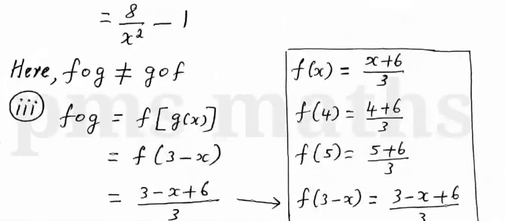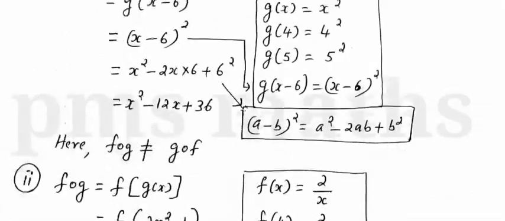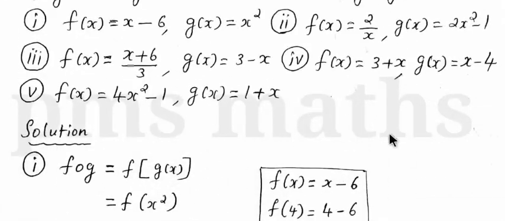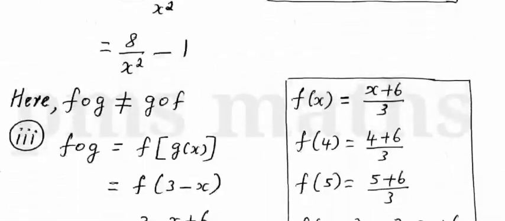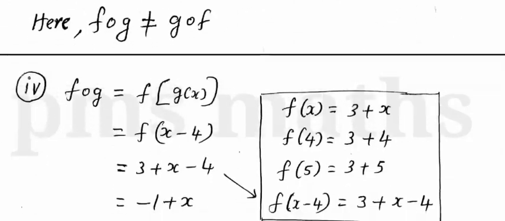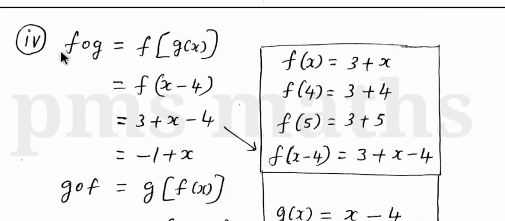Then the fourth one. Here also we have to find f of g first, then find g of f. First, f of g. Here f of g is nothing but f of bracket, then write g, which is g of x.